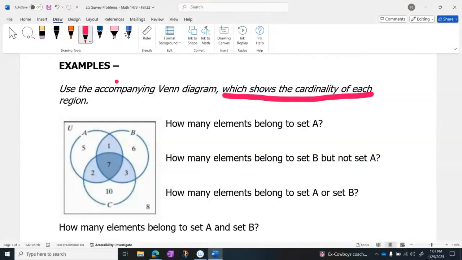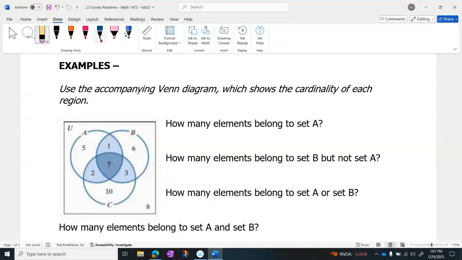Use the Venn diagram, which shows the cardinality of each region. The cardinality of each region. That's how we know those numbers 5, 1, 6, 2, 7, 3, 10, 8 are not elements in the sets. They are cardinalities of regions in this diagram.